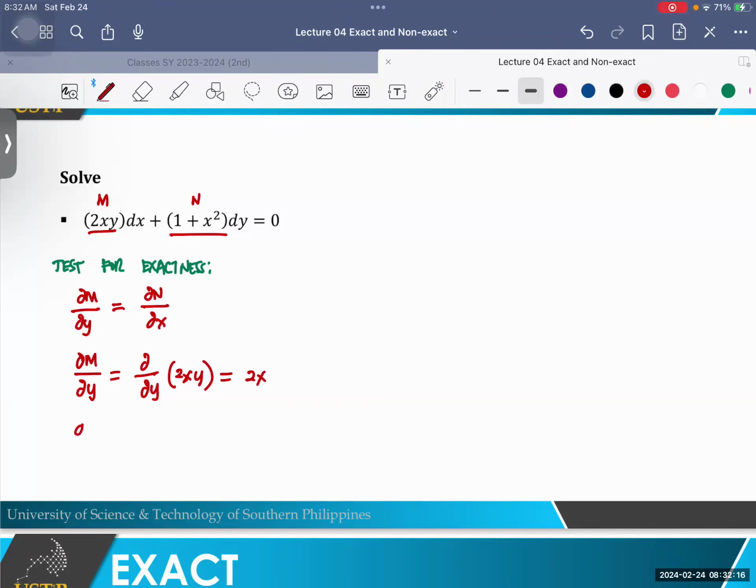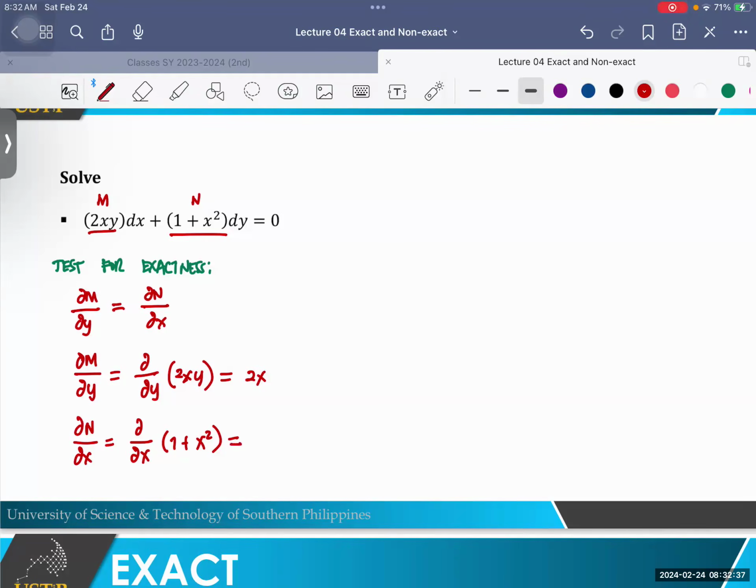Okay, now, we partially differentiate n with respect to x. That would be, the n here is 1 plus x squared. Now, in this case, we don't have a y variable. Okay? But if there were a y variable, class, then it would also be constant, so it doesn't matter. Okay?